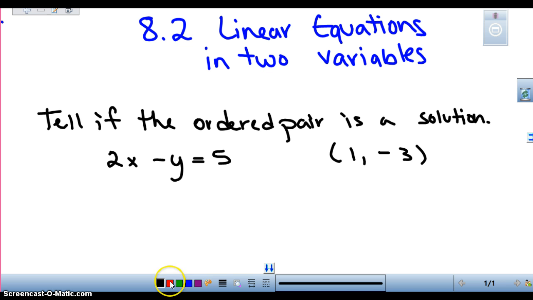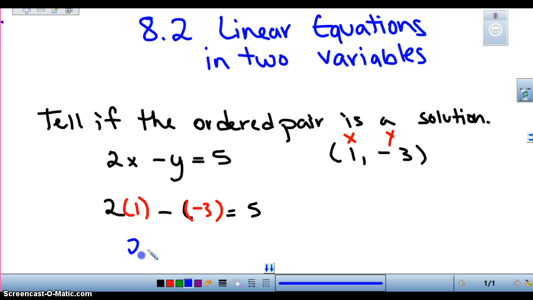What do we have to do? What does 1 represent? And what does negative 3 represent? X and y. So in order to tell if it is or is not a solution, we have to substitute into the equation. We would say 2 times 1 minus negative 3 equals 5. 2 times 1 is 2.